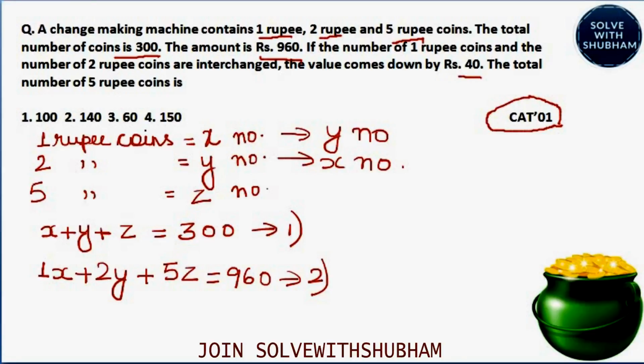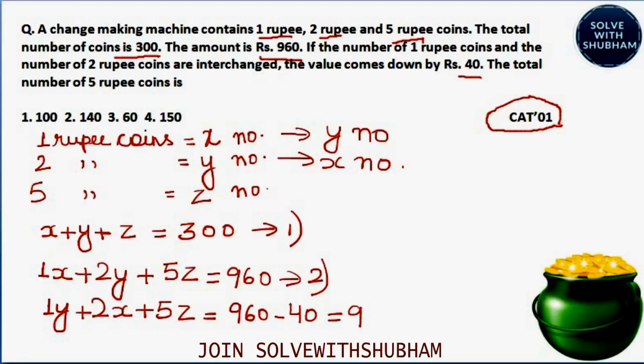So the value has become 960 minus 40, 920. Now you have y number of 1 rupee coins, so the value would be 1y. Similarly, the next value would be 2x plus 5z. Value is coming down by 40, so this would become 920.